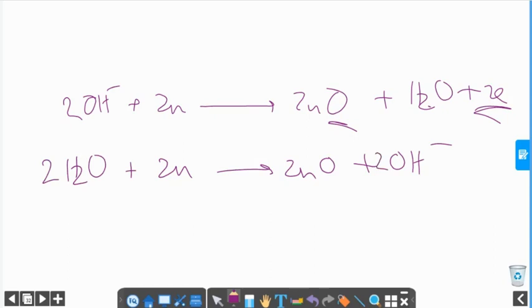Do you notice something? Electrons come on the wrong side. This is oxidation, and the electrons have come on the wrong side. Which side should the electron come on? On the product side, because it should be written as oxidation. Clear?